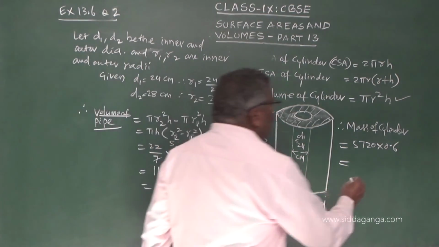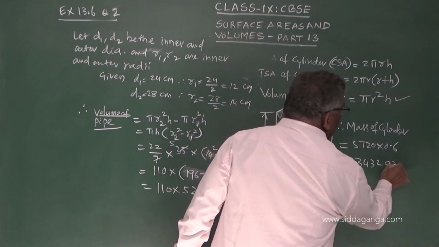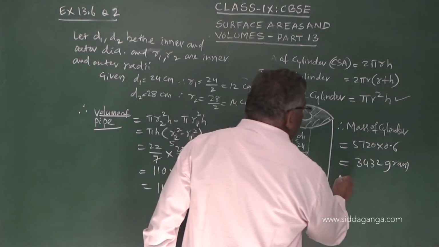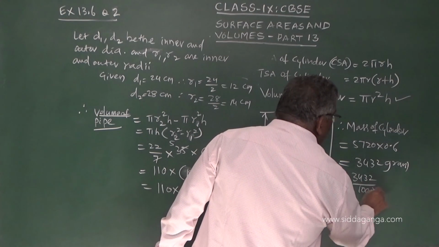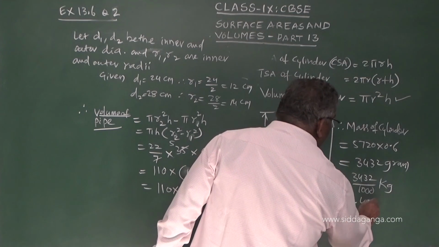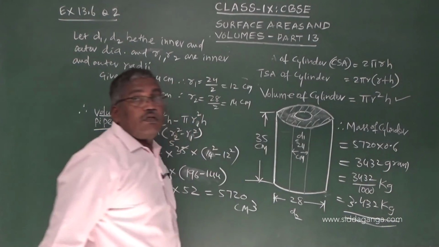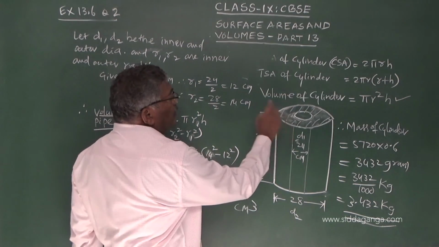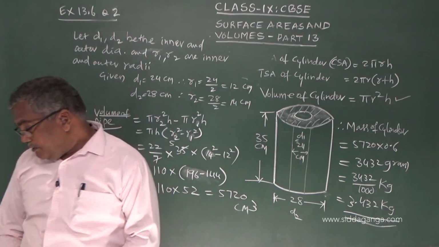That gives 3432 gram. So we know that 1000 gram is 1 kg. Therefore, it is 3432 divided by 1000 kg, that equals 3.432 kg. So the weight of this hollow cylinder is 3.432 kg.